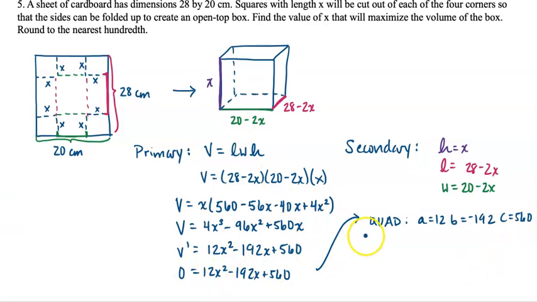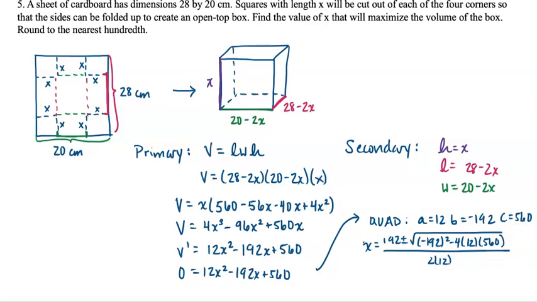And so these zeros are going to come from negative b, so 192 plus or minus the square root of b squared minus 4ac, all over 2a.